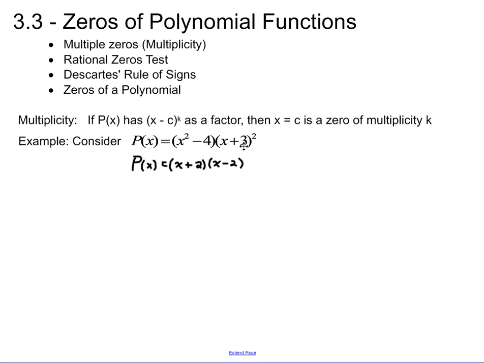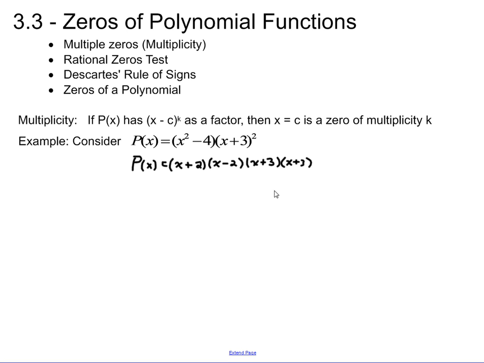And of course, x plus 3 squared means x plus 3 times itself twice, right? So if we were to actually break this apart into its completely factored form, we would find that we have a fourth degree polynomial.